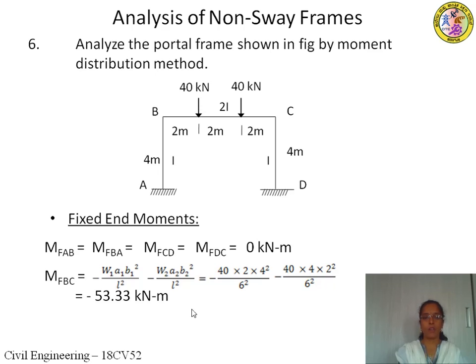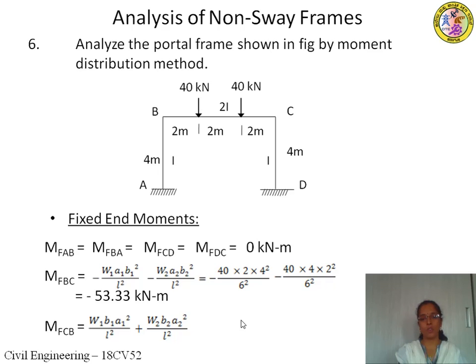Next, for MFCB, we have the equation for an eccentric point load from the right end, W B A square by L square, and we apply it twice for the two loadings. First loading: W1 B1 A1 square by L square, plus W2 B2 A2 square by L square.